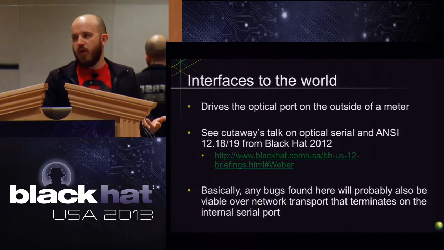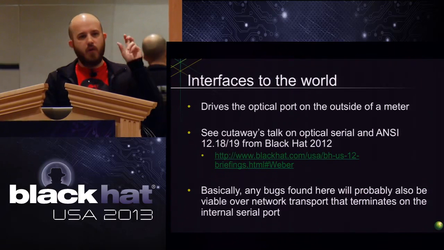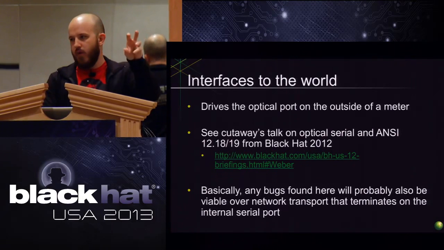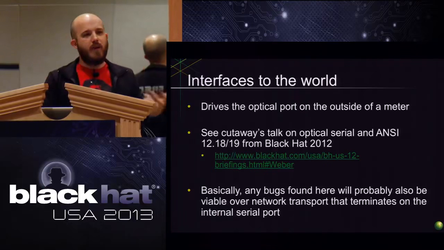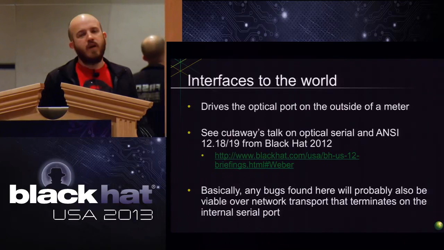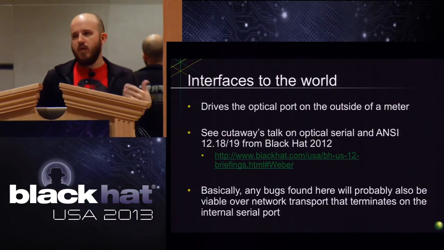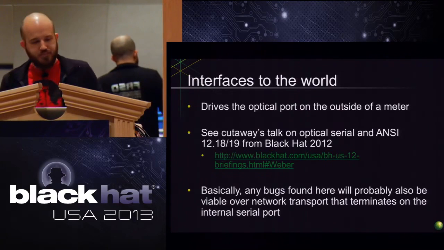The thing with Cutaways talk, it's really cool stuff, but we're talking about plugging onto a meter on the outside. If you find a bug that allows you to do that, and you have a way to get on the network, which depending on the architecture, there may be dozens of ways to do that, and you can send packets for this thing, then you'd be able to trigger the similar types of bugs.